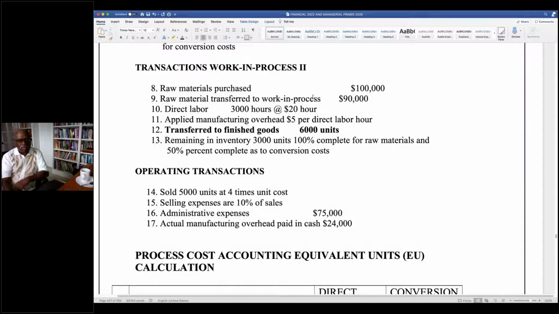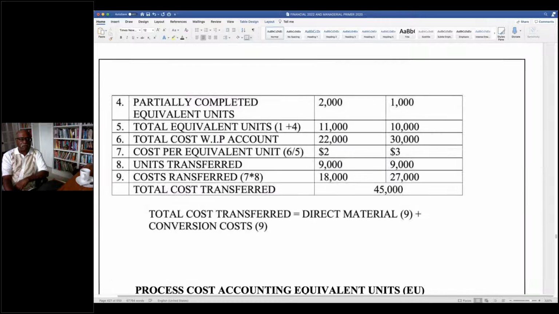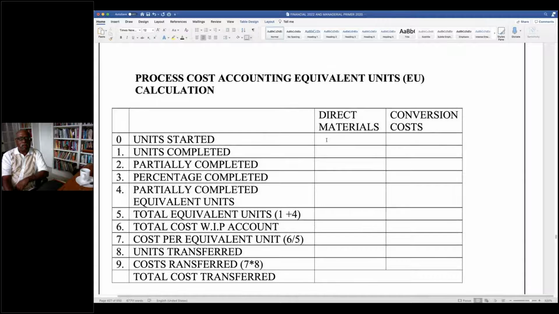Okay, so we started with 9,000 and we completed 6,000. So how many were incomplete? 3,000.